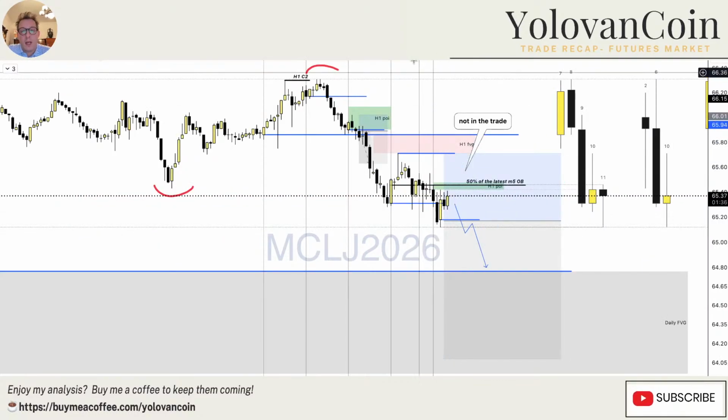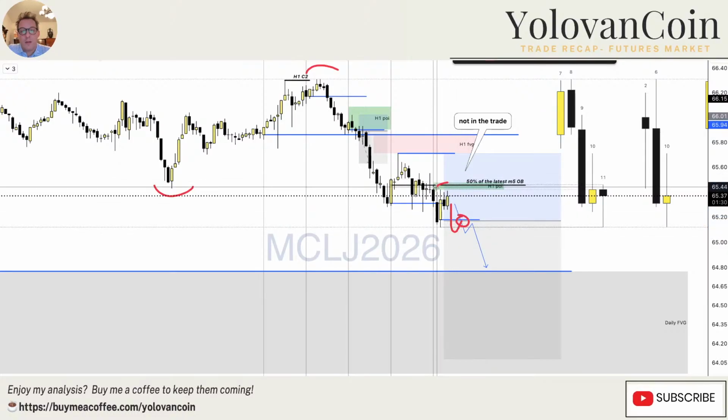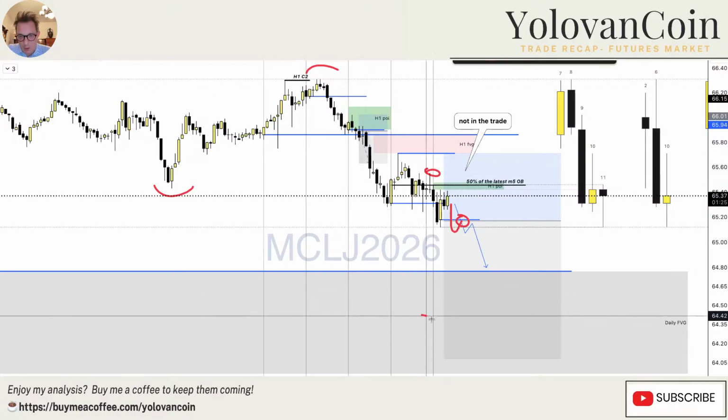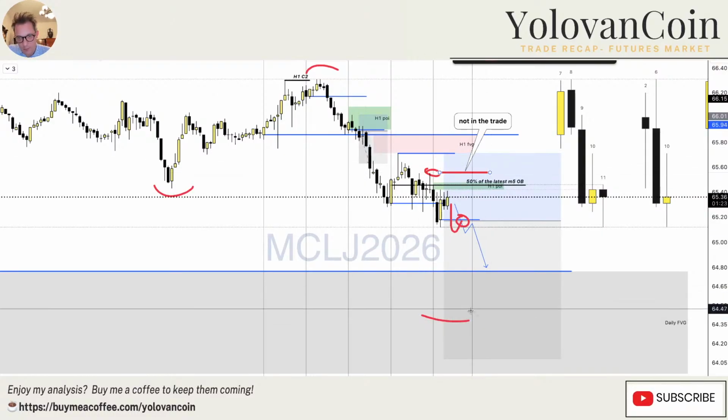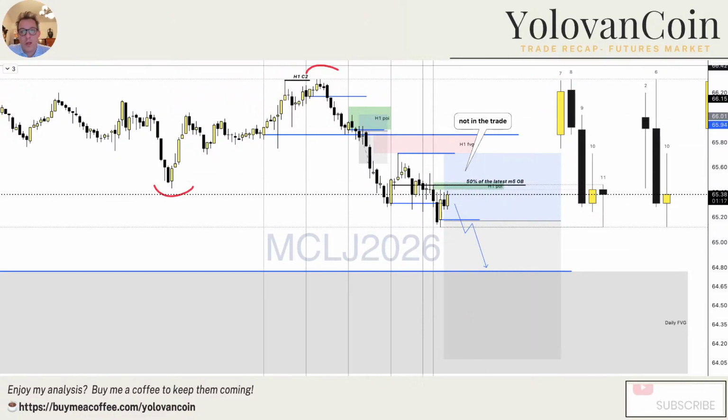I would be more happy to enter here, put my stop loss around here, and go for 2R. Stop loss, profit level, and entry. But I need to see a valid trade here, so I'm not in the trade.